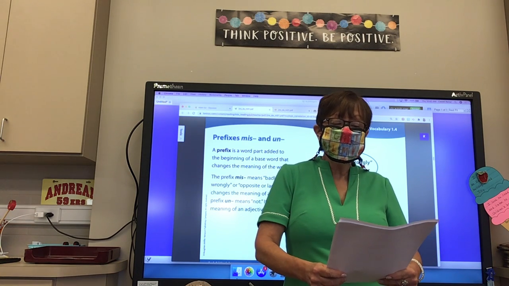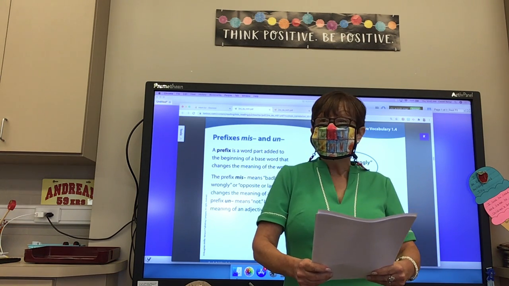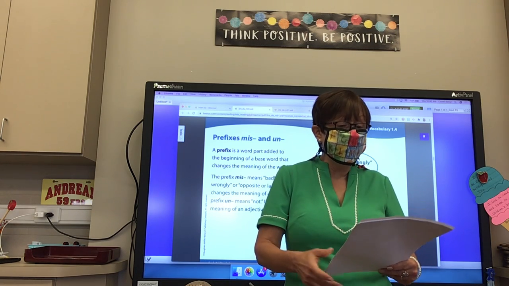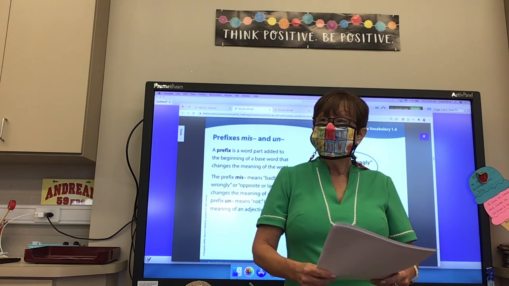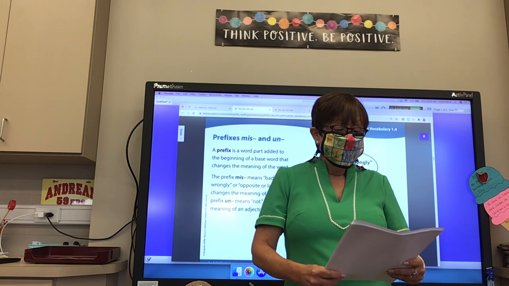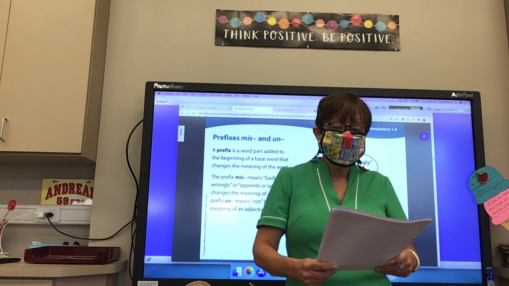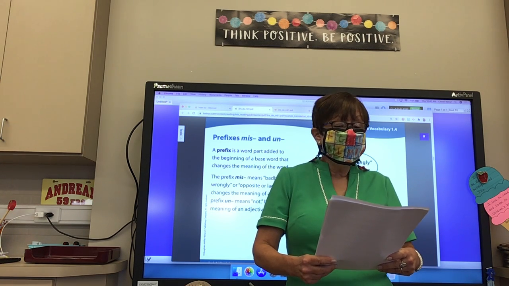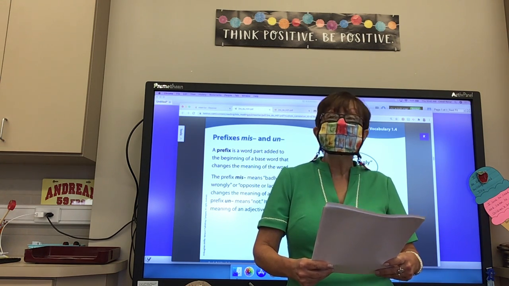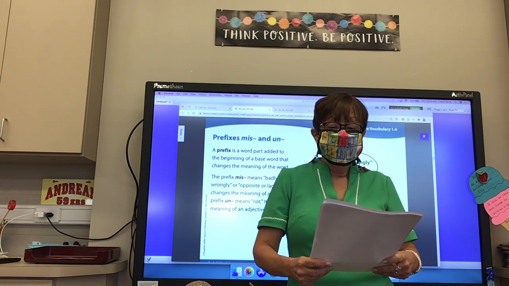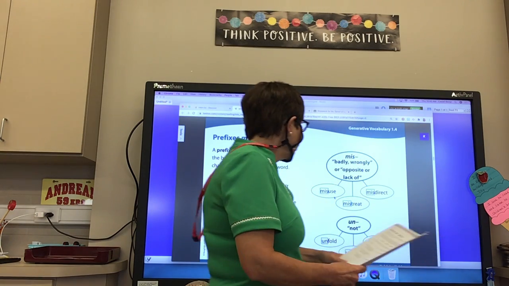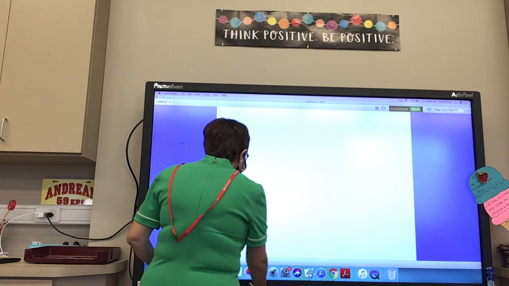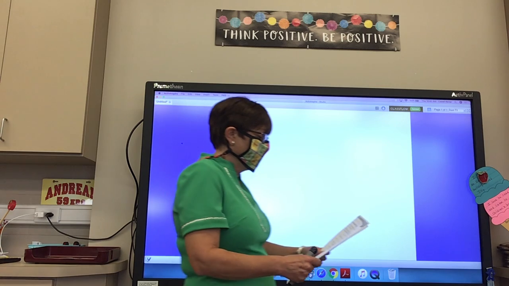Everybody, it says a prefix is a word part added to the beginning of a base word that changes the meaning of the word, so it changes it. And here's our directions. Choose a base word from the word bank and add the prefix mis or un to create a word that completes each sentence. Write your answer in cursive. Well, we haven't really learned cursive well enough to do that. So we are not going to be writing in cursive.